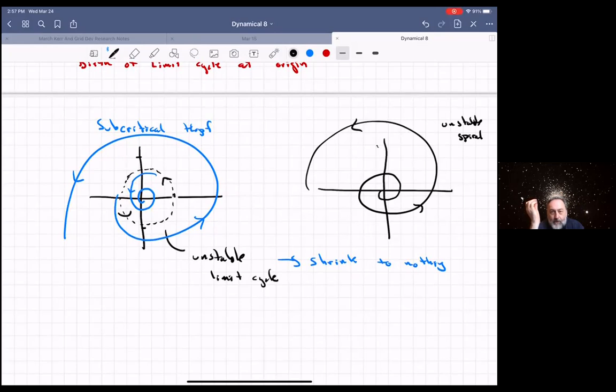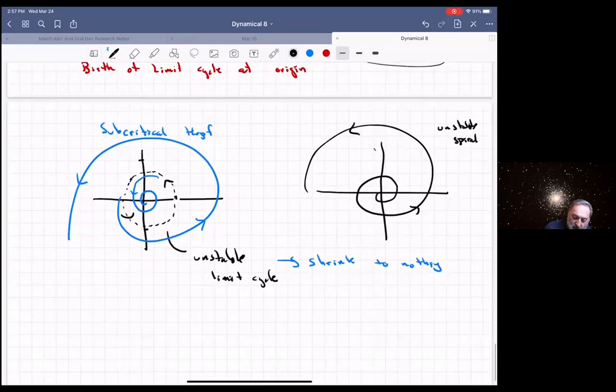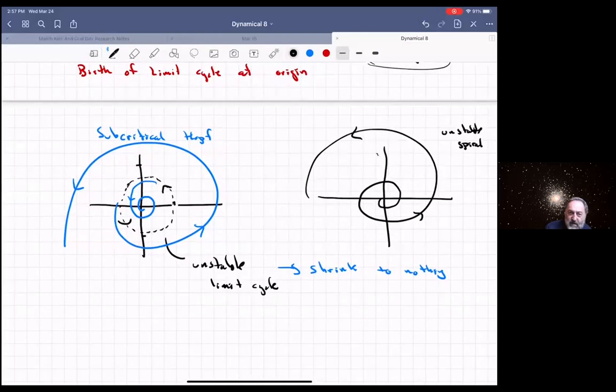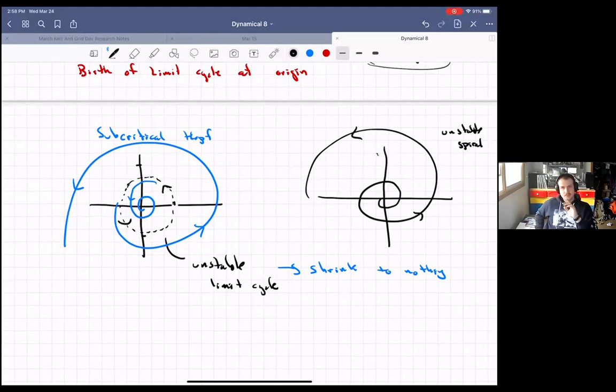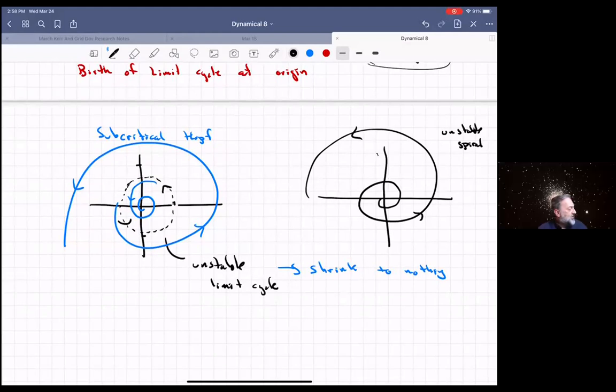Okay. So you go from having a stable spiral, this blue curve, the spiral inside of the limit cycle is a stable spiral, spiraling down to the origin. The stable spiral disappears and the whole thing becomes an unstable spiral. That makes sense.